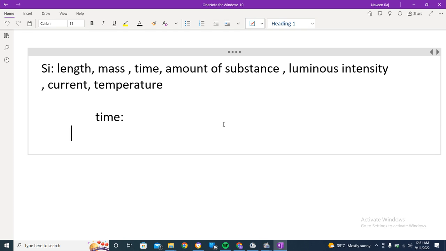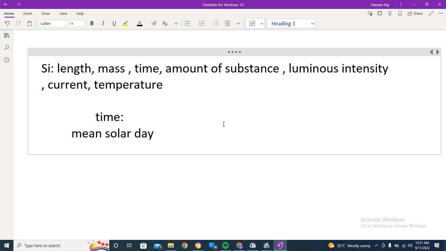So first of all, we are talking about before the 16th century. Okay, wait a minute. So if we talk about earlier times, we measured time by means of a mean solar day, right?